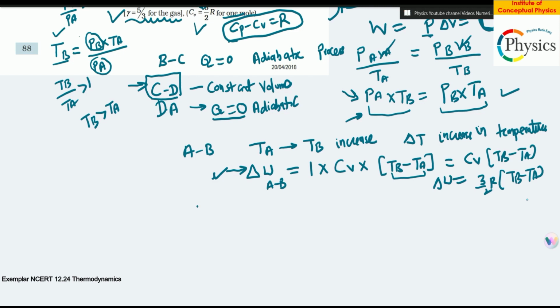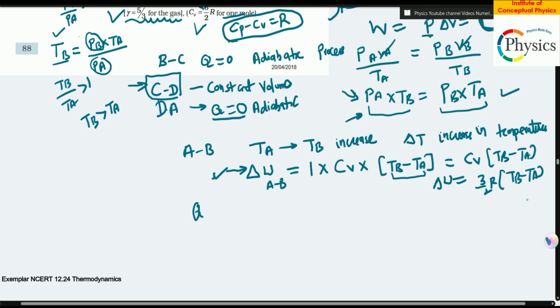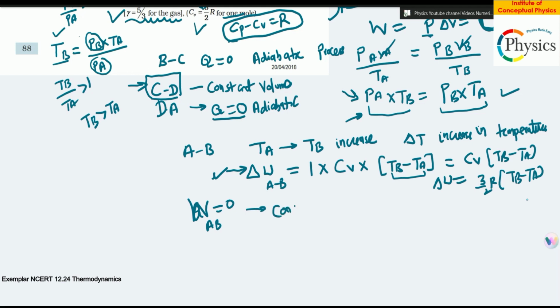There is no work done in AB, right? Because it's a constant volume process. In a constant volume process, delta V is zero, so the work done is zero. Let's apply the first law of thermodynamics to AB, okay?